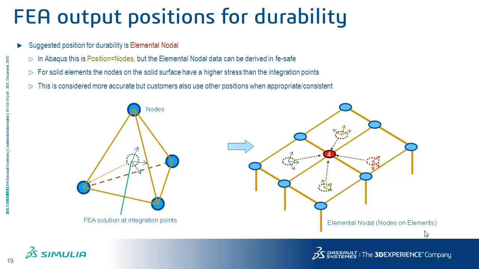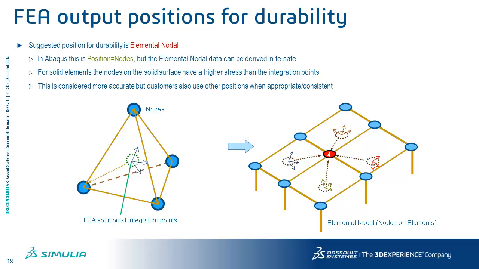But for this topic, I will just let you know how the FEA handles those kinds of data. As you may know, if you do the FEA calculation, all the stresses and strains are calculated at the integration points.